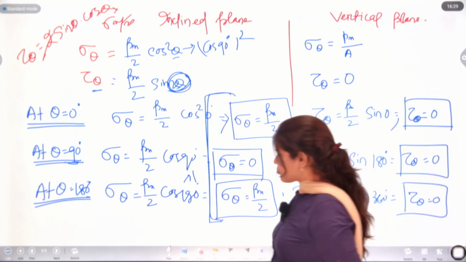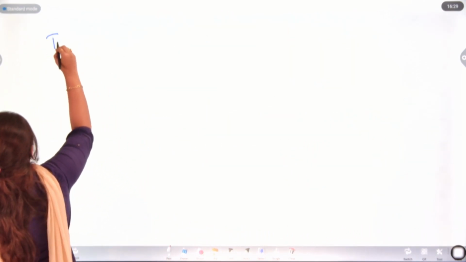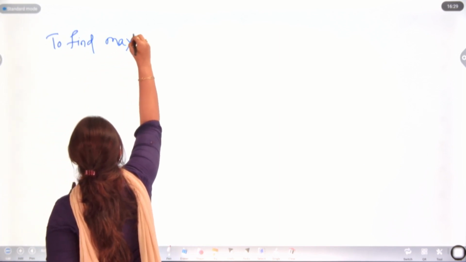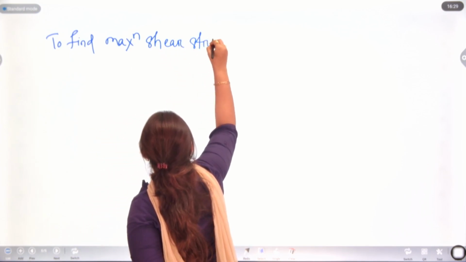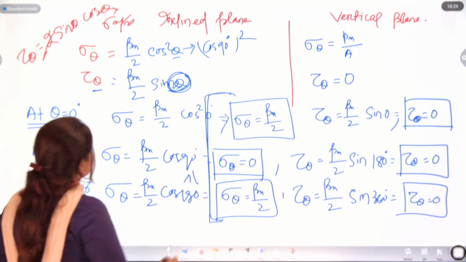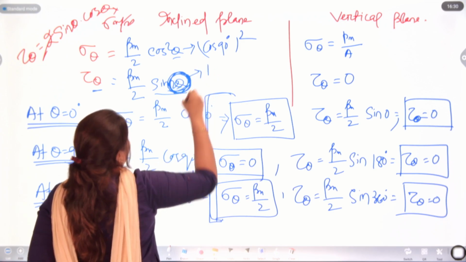But to find the maximum shear stress, what will we do? We just need to make sin 2 theta equal to 1.